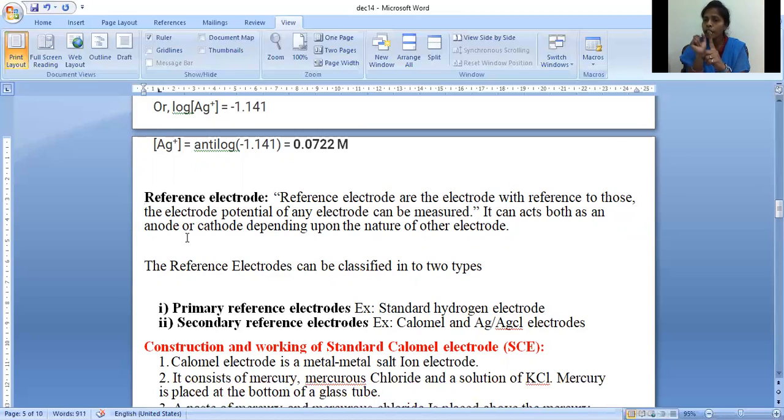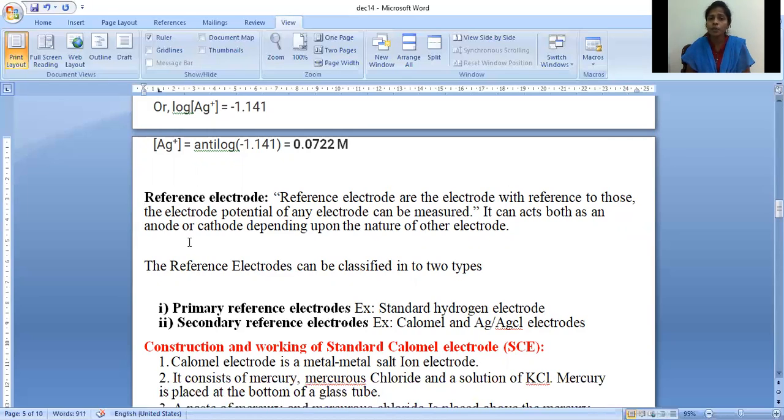Here, what is the voltmeter displaying? Voltmeter is displaying the E cell value or EMF value. Yes. So here EMF is nothing but E cathode minus E anode. So we know the EMF value and E cathode value. Then we can find the unknown electrode potential value. So now let us see. Maybe you can understand after I explain this.